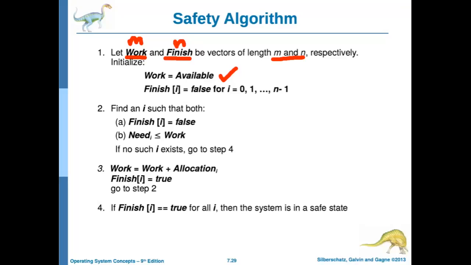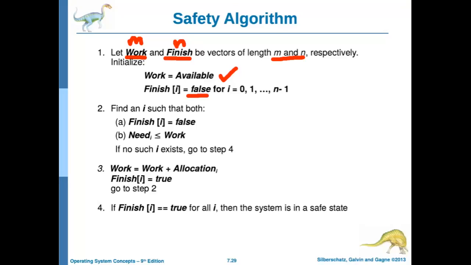Okay, let me finish this one. How is it initialized? Finish of i is equal to false. That means it is used to hold which processes have finished their work. At the beginning we want to initialize it: not a single process is finished yet, so all are initialized with false.